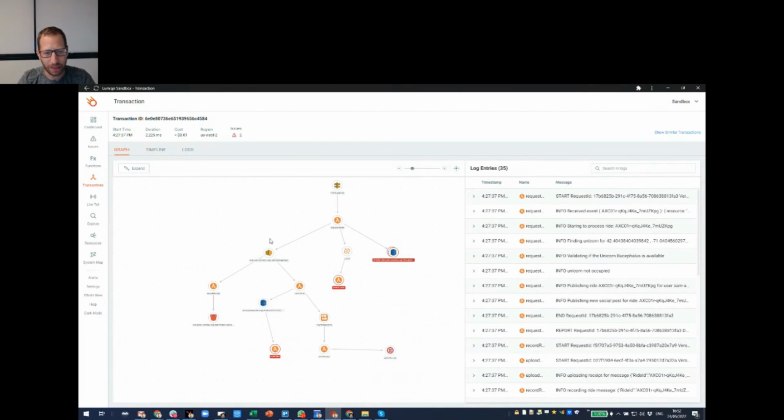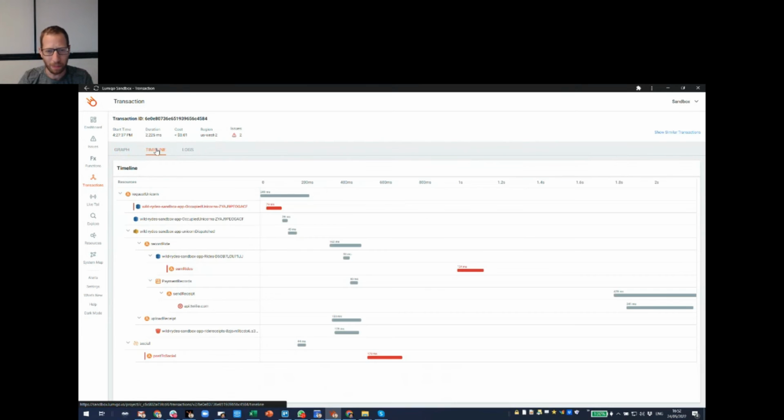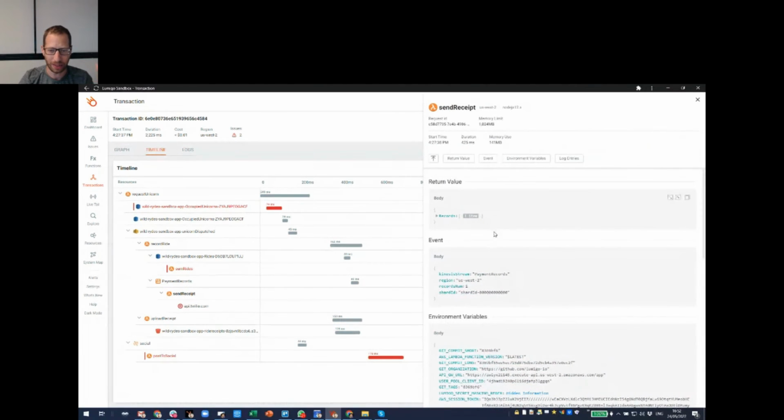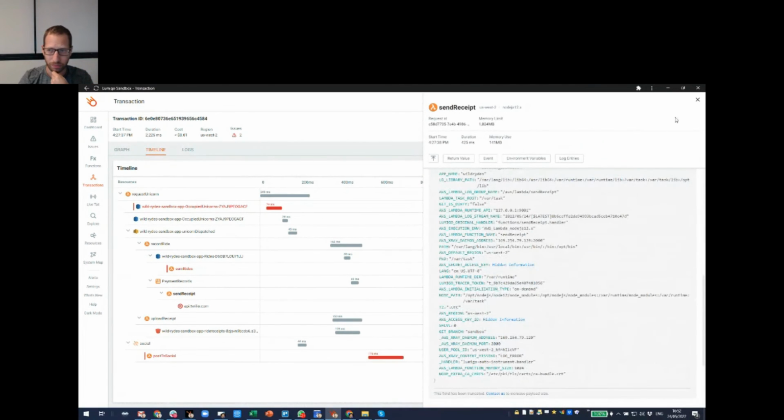And understanding the hiccup really requires a clear view of the entire services. So looking at this from a timeline perspective, for example, really gives you a view of where you spent the time, where there are gaps, so you can ask questions. And again, when you decide you want to drill down to anything, you can click on it and understand the actual details of that execution.